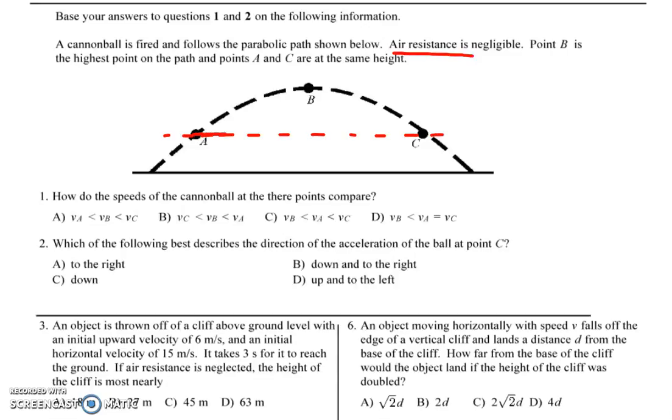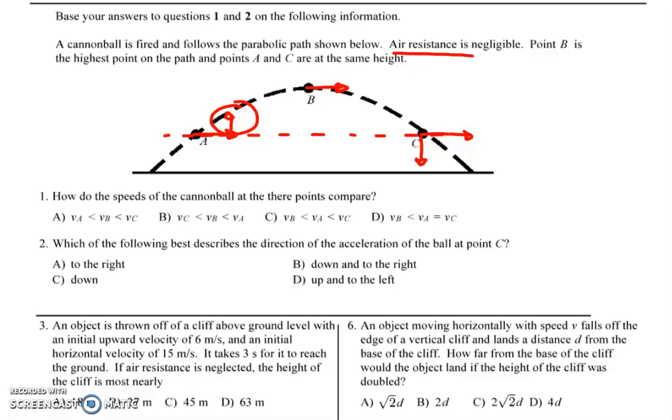So we know for any projectile problem that the horizontal velocity is going to stay the same exact magnitude throughout with zero air resistance. And we know the vertical velocity on the way up is going to get smaller, so it's going from some value right here to 0 at point B, and to the same magnitude at point C as it was at point A, just in the opposite direction.